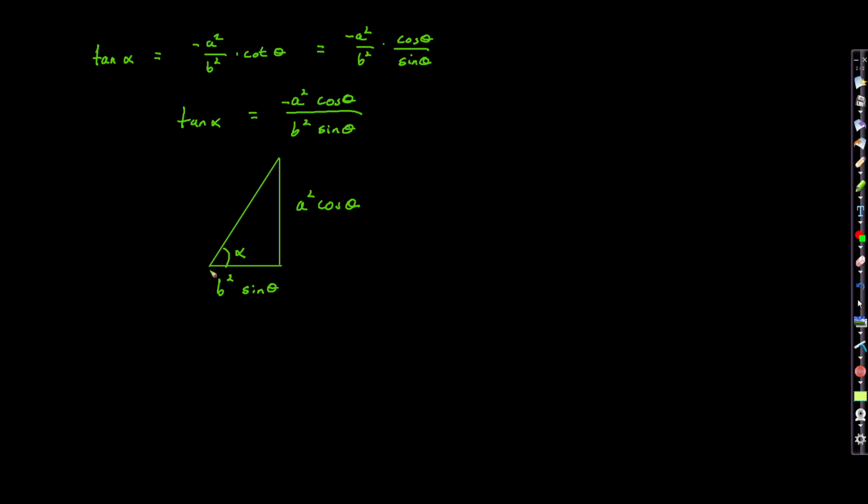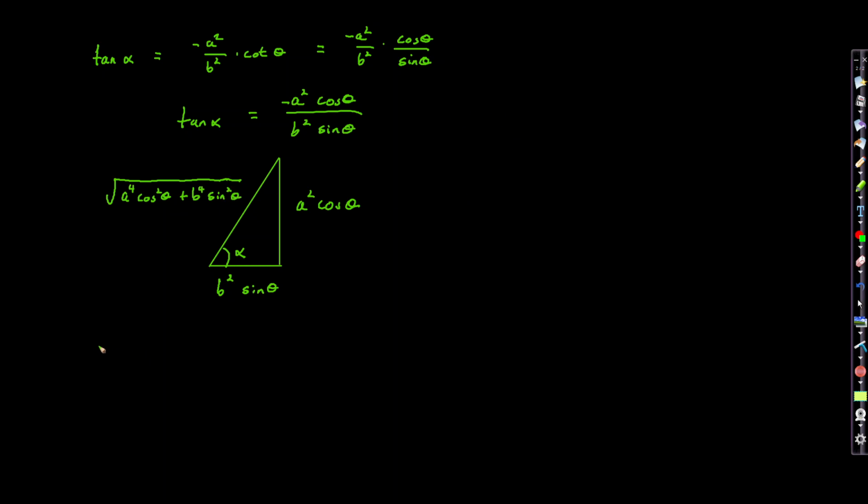Okay, and so what we can do is we can get the length of the hypotenuse, which will be this squared plus this squared, so a to the power of 4 cos squared theta plus b to the power of 4 sine squared theta.